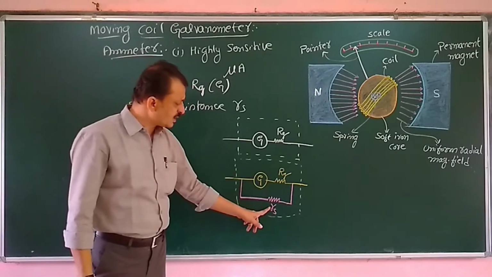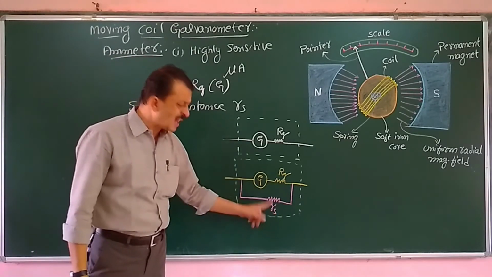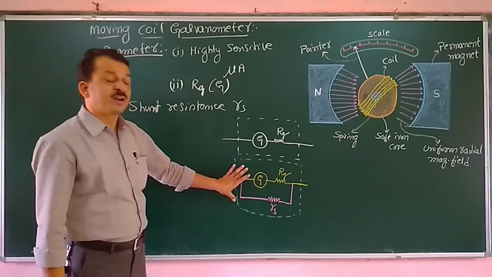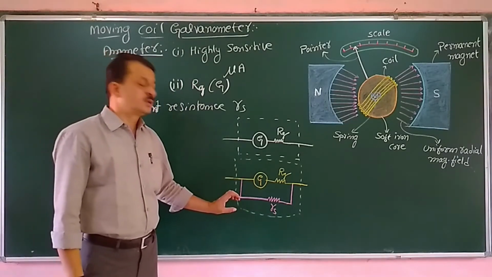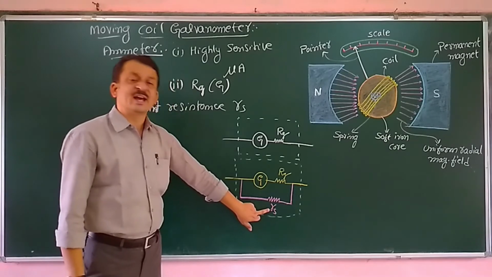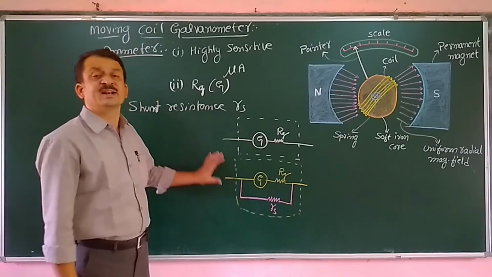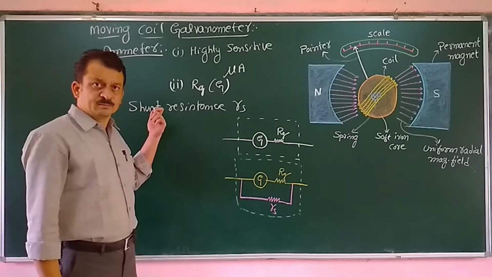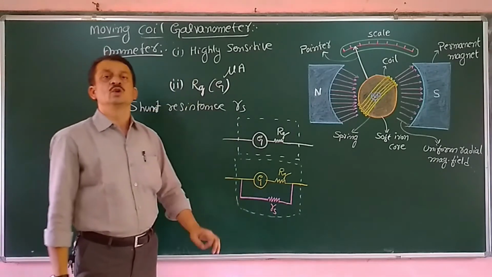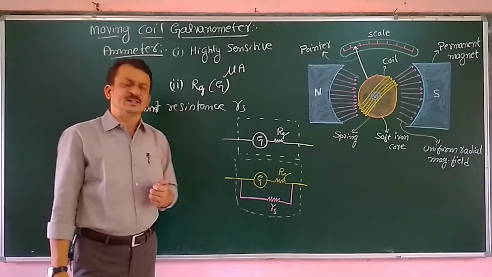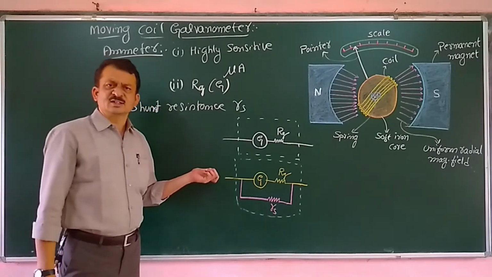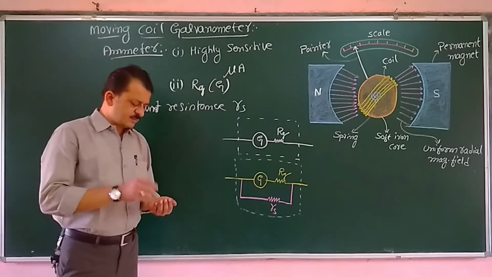Since we have connected a very small resistance in parallel, the effective resistance of the system is even lesser than the small resistance, and hence it can be connected directly in series with the circuit to measure the current. Therefore, the current in the circuit is not altered.